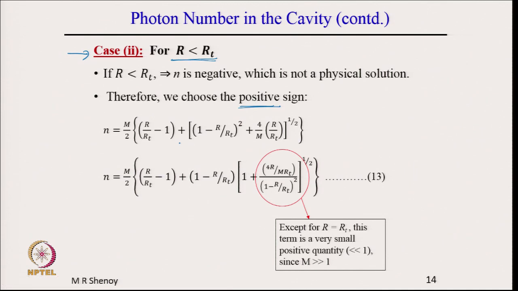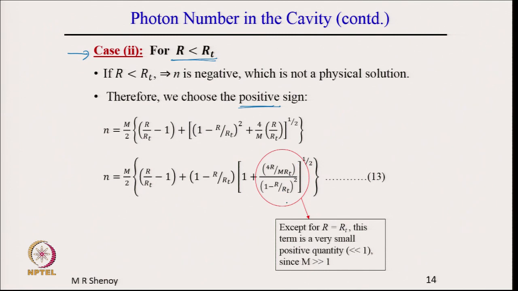If you take the positive sign, this is the expression. We can take this term outside, and then we will have this in the denominator, no approximations made yet. Now, m is in the denominator, and m is a very large number, 10 to the power of 12 that we got, and r by RT is maybe 0.8, 0.9, less than 1, except when r is equal to RT, where we have a separate solution.